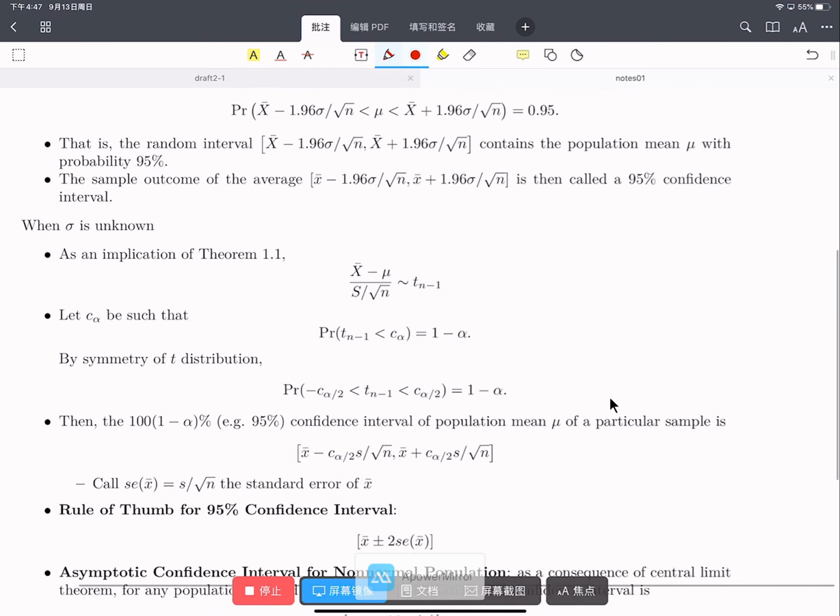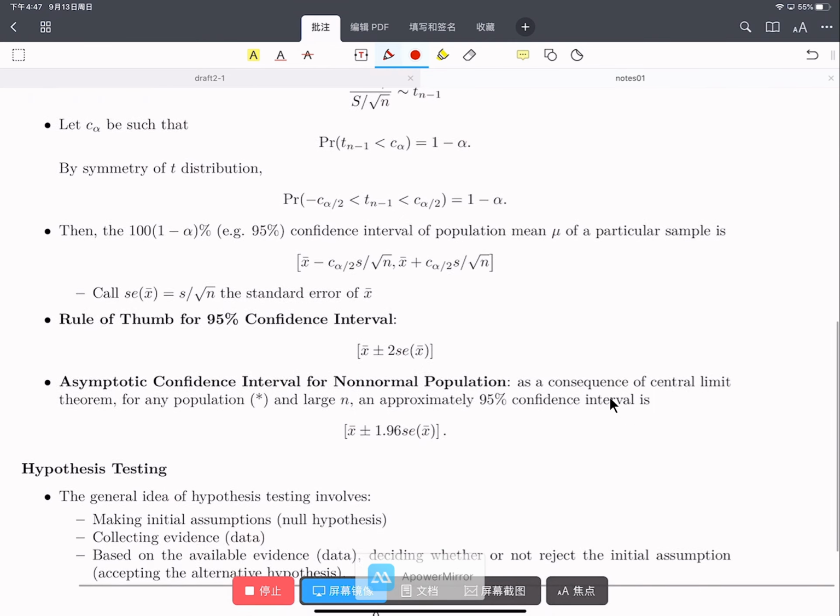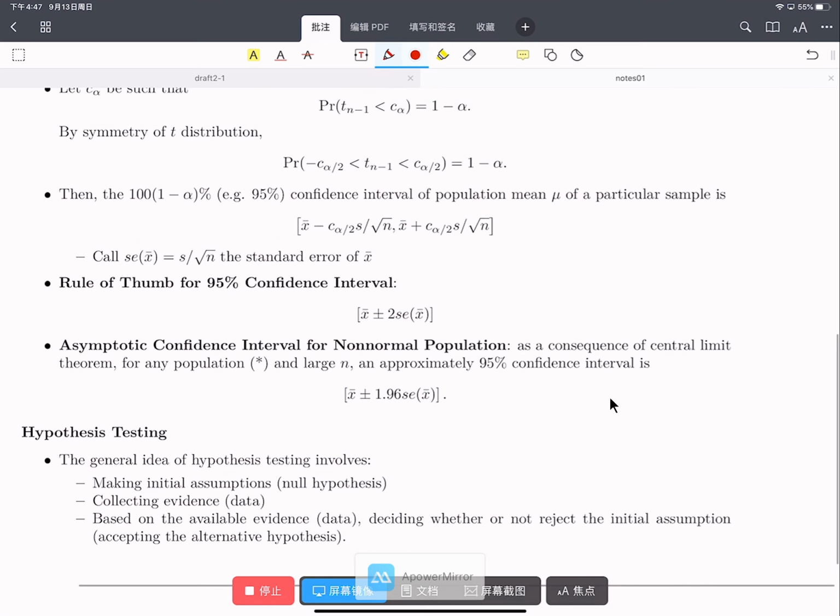If we have some unknown parameter, how can we construct an interval so that you have 95% confidence, that is, a 95% likelihood that the true parameter lies in this interval? The confidence interval basically answers this question.